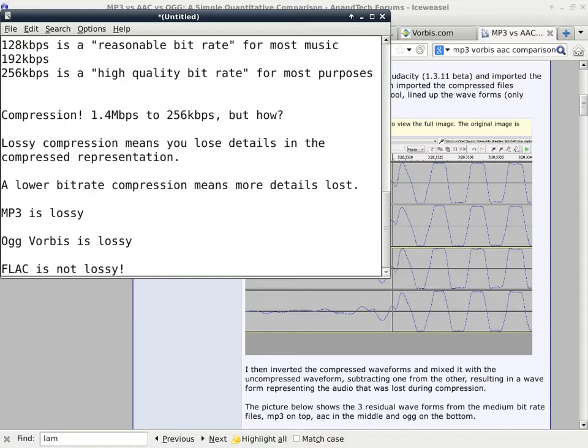Okay. So basically, what you're losing would be the details in the sound, because the high frequency stuff, and also the phase of the high frequency stuff, is what allows your ears, or actually your brain, to quote unquote triangulate the location or the source of a sound.